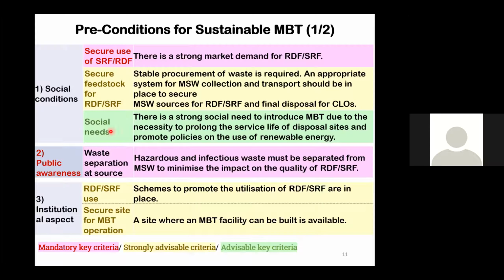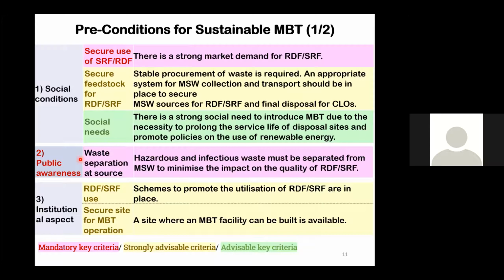And closely related, public awareness is also mandatory, especially to incorporate waste source separation, to avoid contamination by hazardous or infectious waste for safe operation of the MBT, and also to keep the quality, or I should say the price, of the SRF or RDF.